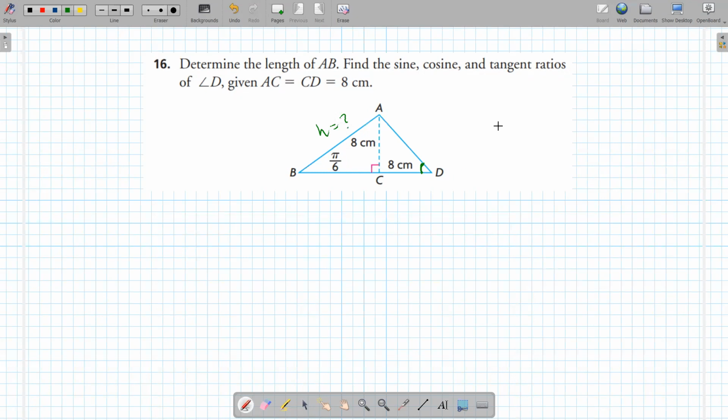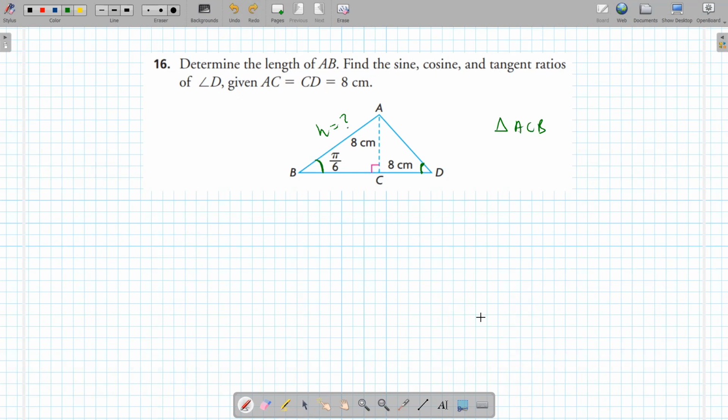Look at triangle ACB. How do we find the hypotenuse? Sine, cosine, or tangent? You're given this angle, pi over 6, and you're given this height is 8.